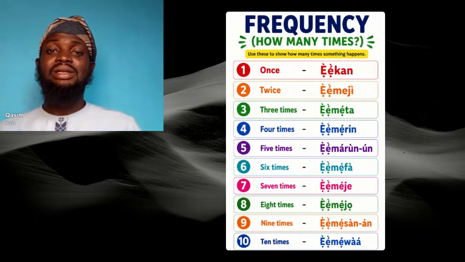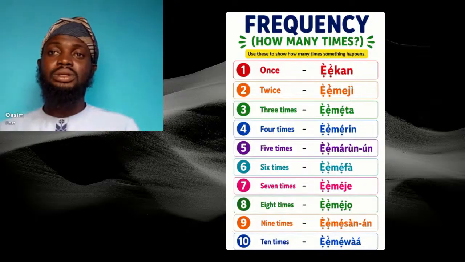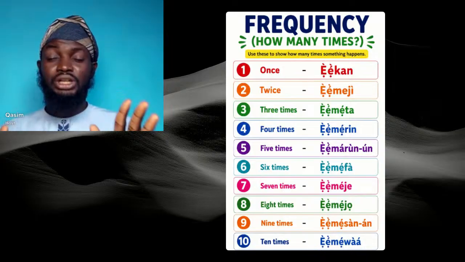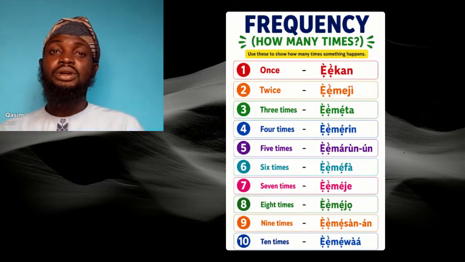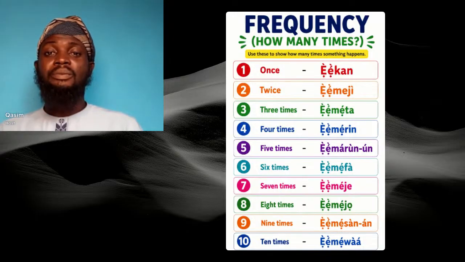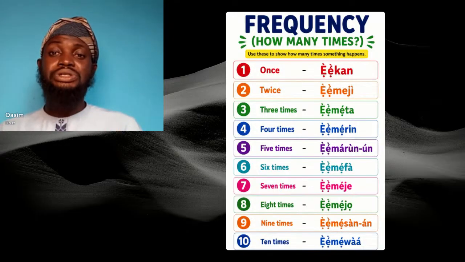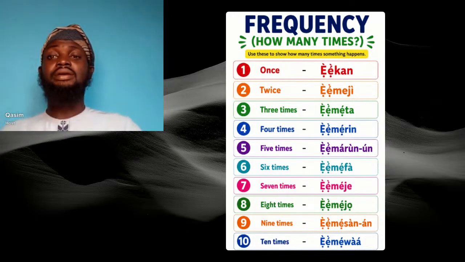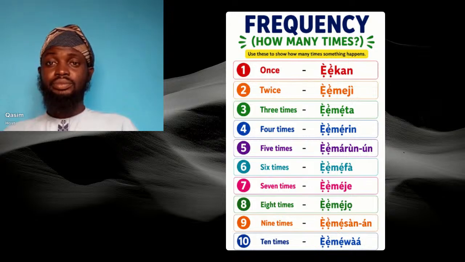So these are ways we use numbers in Yoruba. Of course, it's not limited to this, but I believe we should just keep it short and sharp so that it's easy to remember. So next time you're trying to use numbers in Yoruba, you should take note of the situation where you want to use it, the scenario.